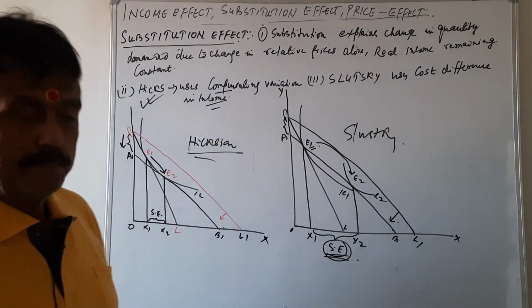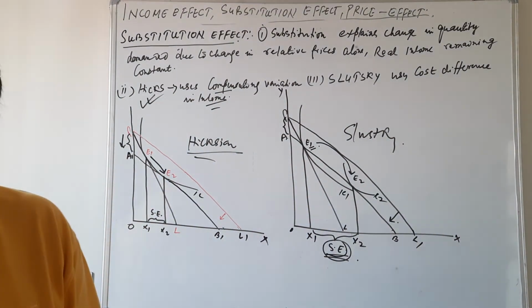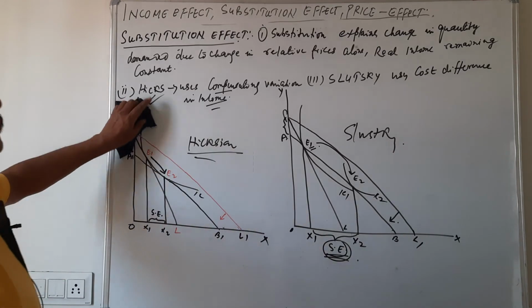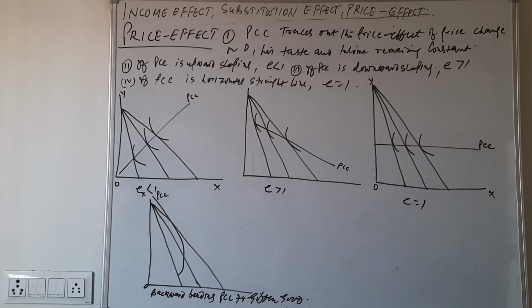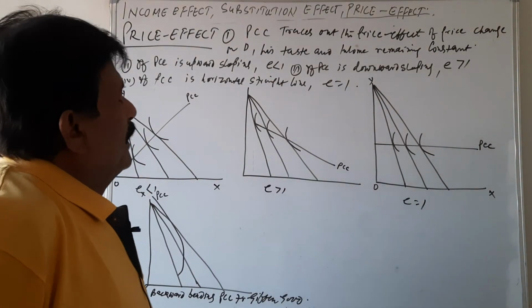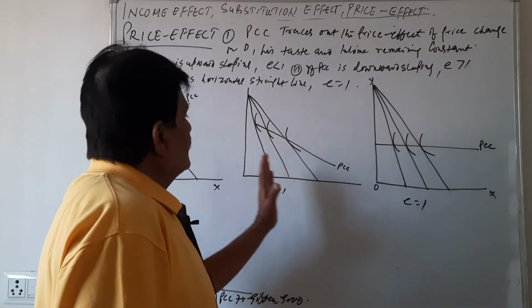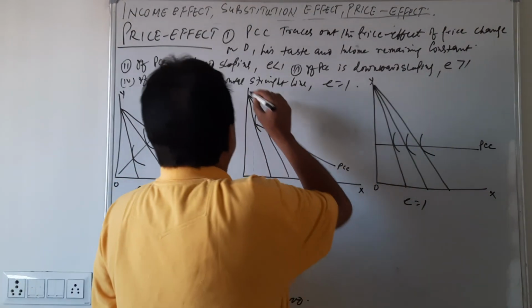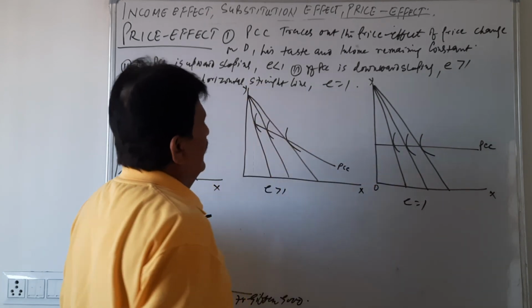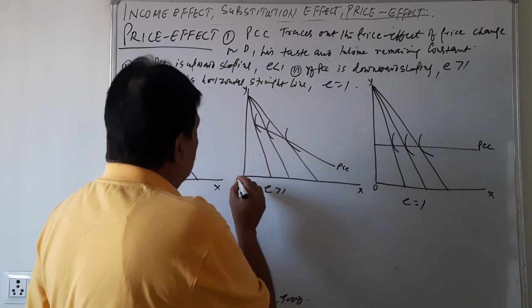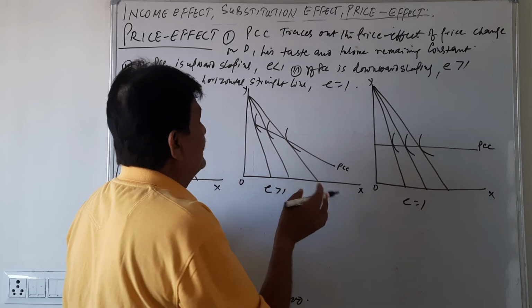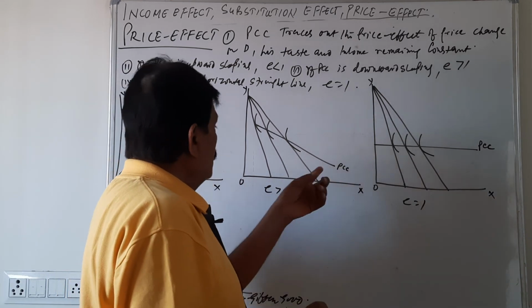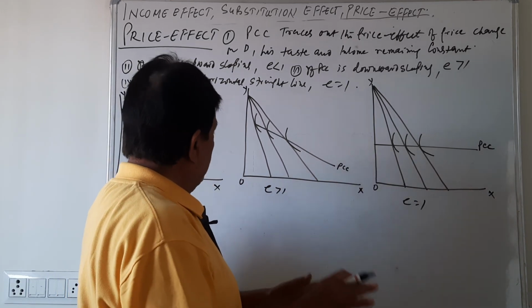Now we shall see the price effect finally. When the price of one commodity changes and the price of another commodity remains constant, then the price line will move on the axis of the good whose price has reduced.